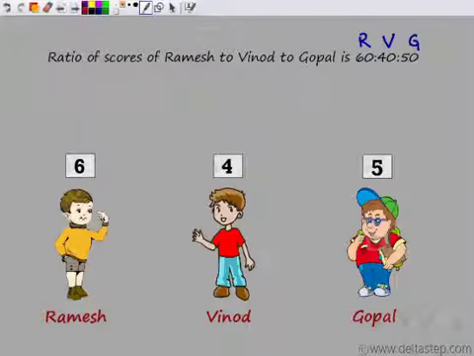Now further, what we had seen is that a ratio has to be expressed in the simplest form. There is a common factor 10 in all these 3 terms. So I can divide all the terms by 10 and I get 6:4:5. Now these 2 terms have a common factor 2, but 5 does not have 2 as a factor.